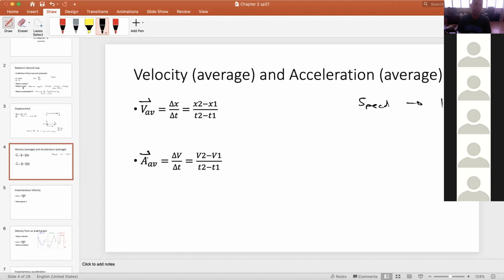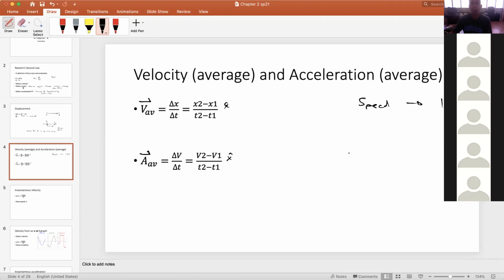We understand that this is a vector, that it has a direction. The direction in one-dimensional motion will be in the x-hat direction, right? So this is still in the x-hat direction. A lot of times I'm just going to leave it off and assume that you understand that it is a vector. Second thing is this is an average value. So the average value just means take the change of x over the change of time.